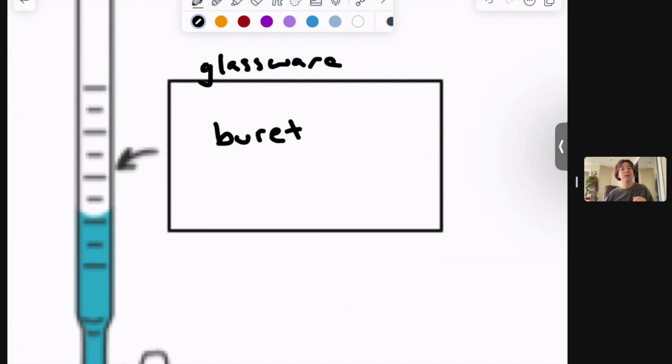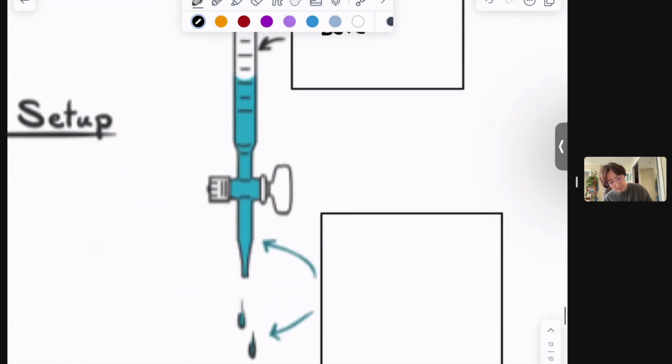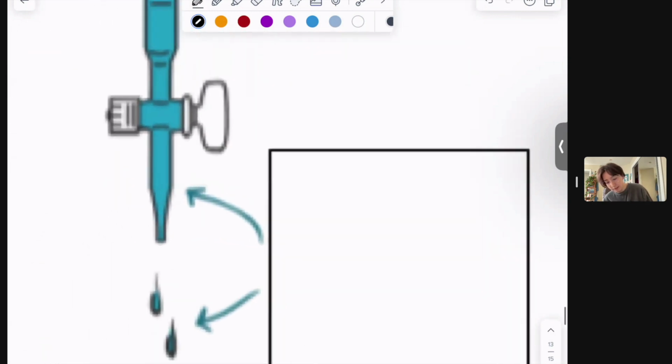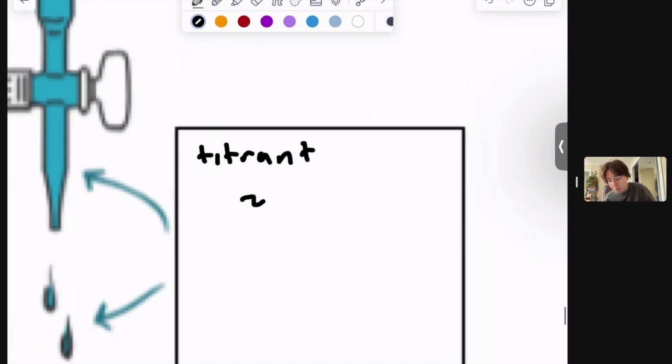It has little numbers on it, so you're able to measure how much of the stuff you've added, based on where it was before and how much you've added by the time you're done with your titration. And you fill your burette with some substance that we call the titrant. This is usually something of a known concentration.